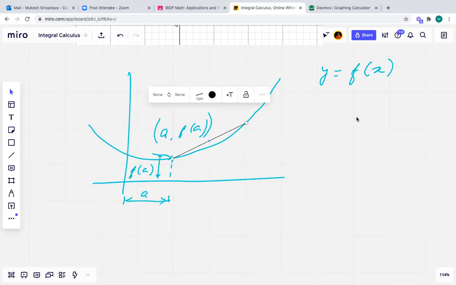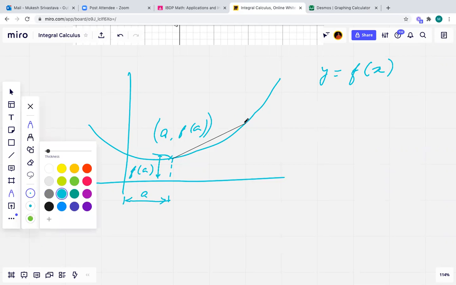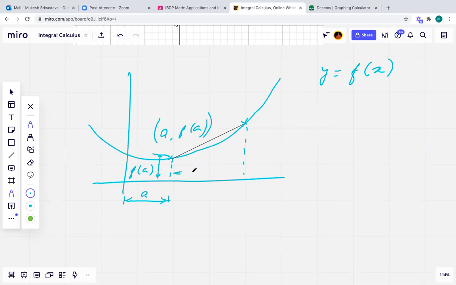I have another point here, which is, okay, now suppose this distance is h.